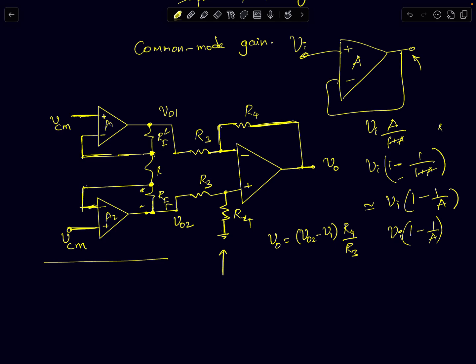If I add programmability in the second stage, that can lead to poor CMRR. So all the programmability is usually added in the first stage itself.